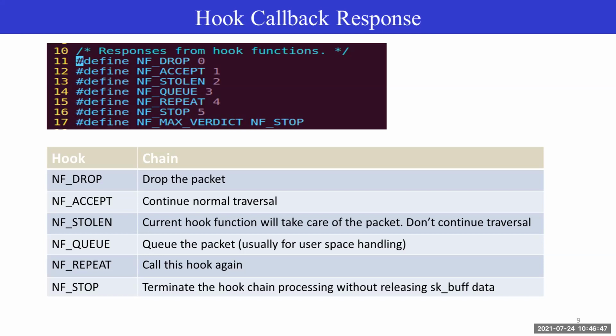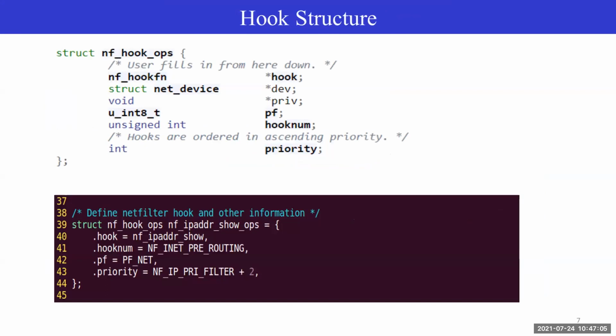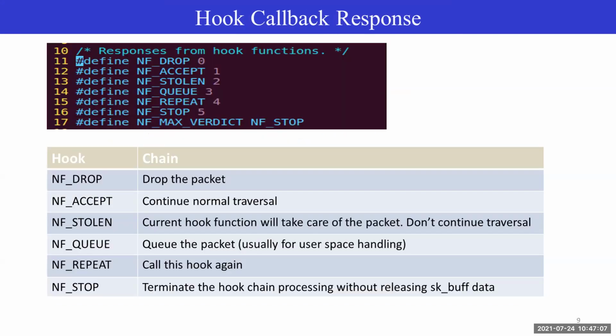The third part is a bit tricky, it is the NF_STOLEN. That means the hook point will not call further callbacks. So suppose in the pre-routing part, there are 5 callbacks in the chain, and yours is the third callback.